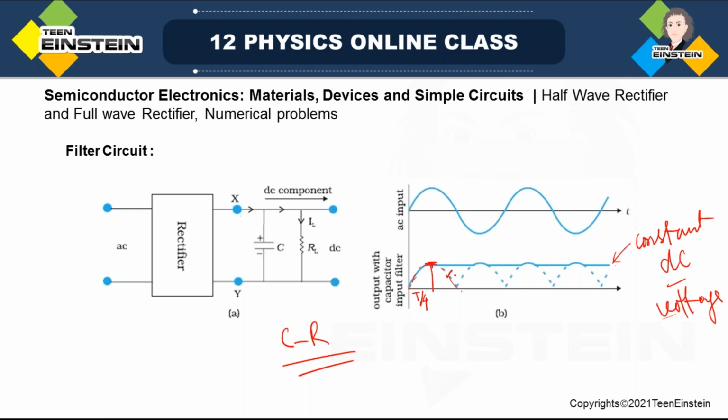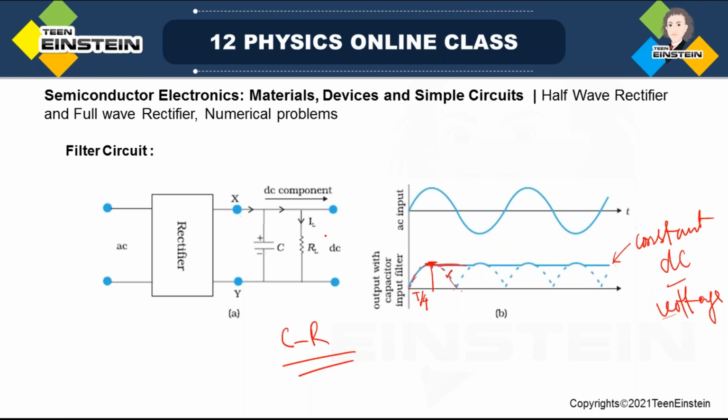Then it will discharge such that the voltage does not fall to zero. It will try to make it constant. This is how a filter circuit makes a pulsating voltage into a constant DC voltage.